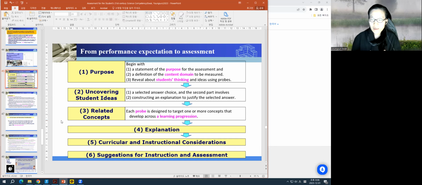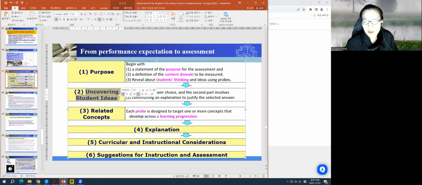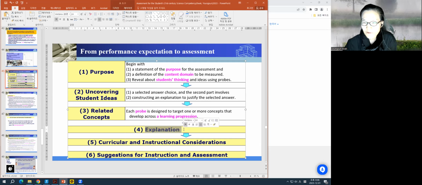Throughout all this, the step is, why are you assessing? You need to set up the goals and the purpose of your assessment. You need to uncover your students' ideas, and then cover related science concepts. You need to provide some rationale for those science concepts through teaching and learning.